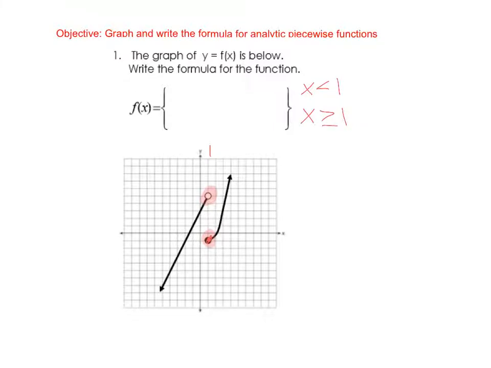So now the left equation, that's the equation of a line. When you have the equation of a line, it's either y equals mx plus b, or if you don't have your b, y equals m times x minus x0 plus y0. So that's for a line.